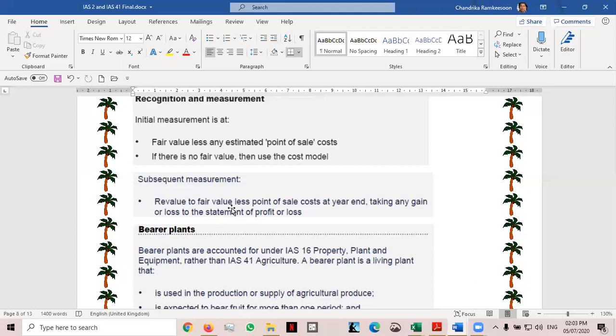That's what IAS 16, subsequent revaluation using fair value, requires. Here, however, any changes must go to P&L. And of course, there's a difference when we compare here with IAS 16 subsequent remeasurement.